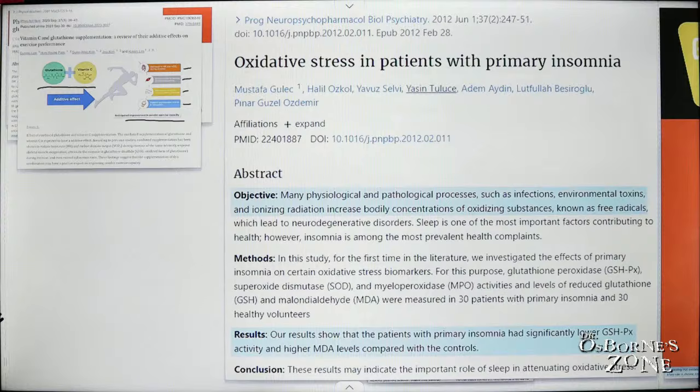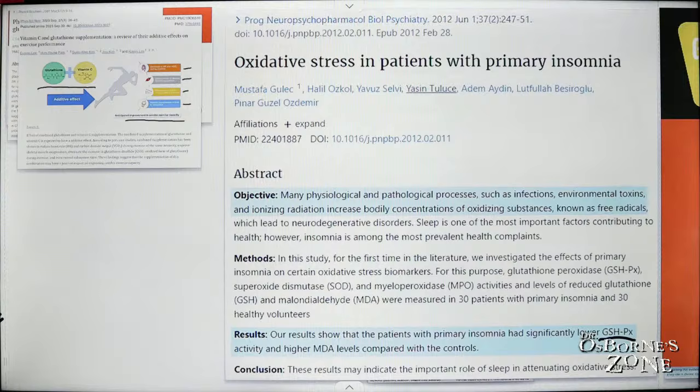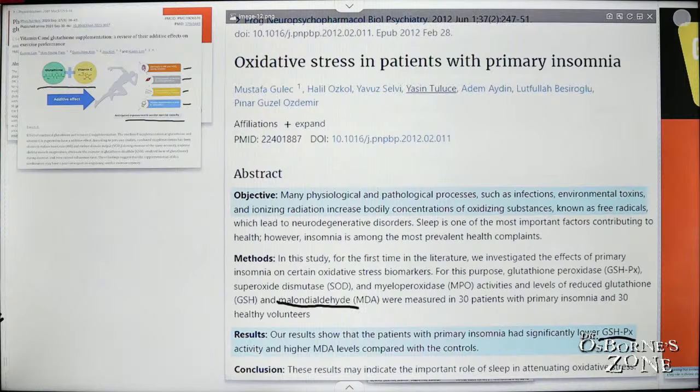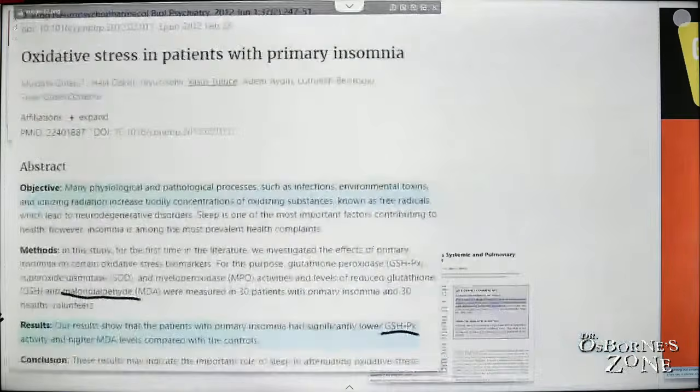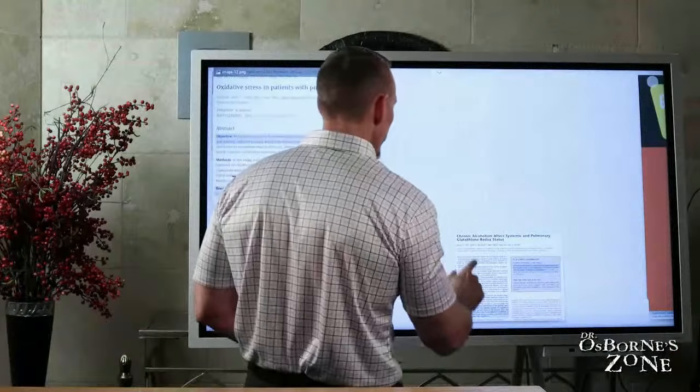In this study, our results show that the patients with primary insomnia had significantly lower GSH, that's glutathione, significantly lower glutathione activity and higher MDA levels compared with controls. MDA is a marker of oxidation. It's this chemical here, malondialdehyde. So lack of sleep, increased oxidation, and lower glutathione.